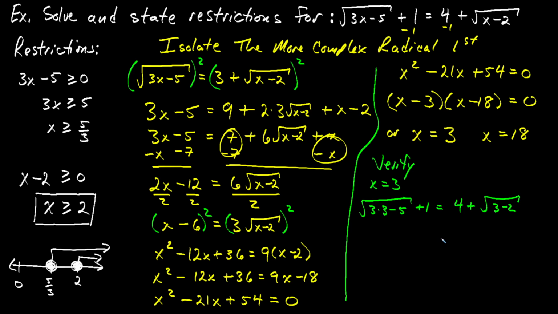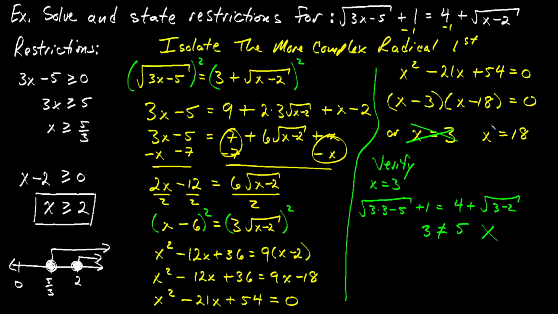Square root of 4 is 2, plus 1 is 3. On this side, I've got 4 plus 3 minus 2 is 1. The square root of 1 is going to be 1, and 4 plus 1 is 5. Okay, so no. That means, since 3 does not equal 5, that means that x equals 3 is extraneous. Okay, so there is our extraneous root. That one can go away.